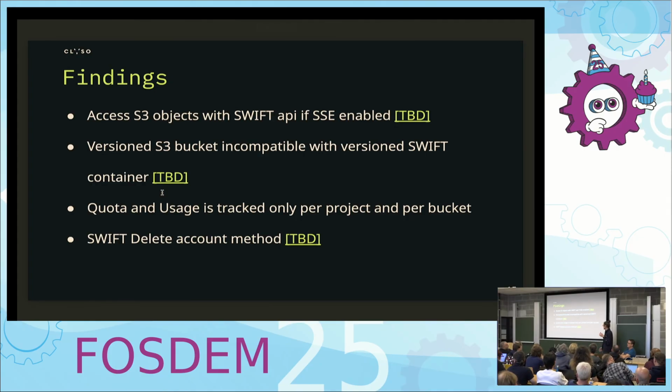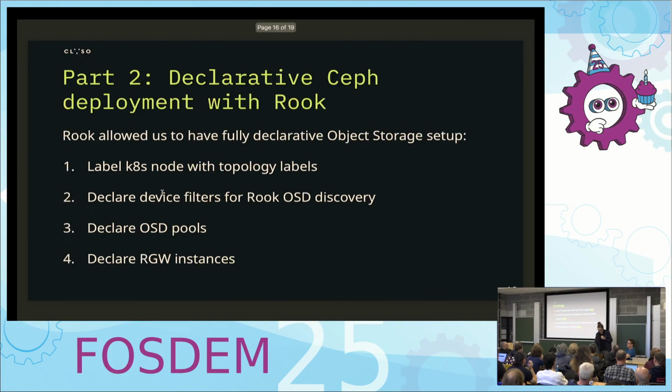And in RGW, you cannot track usage and quota per this storage class. You can only do it per user and per bucket. Yeah, so besides this, everything worked really well. So we already have fresh clusters with new applications using it, and we have planned to migrate the existing ones. Now let's move to Rook.